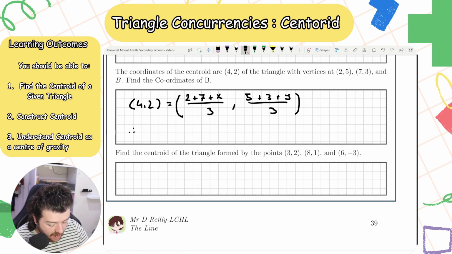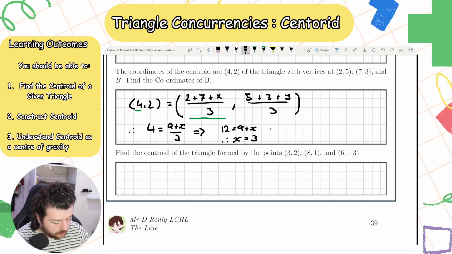So remember, x-coordinate with x-coordinate, y-coordinate with y-coordinate. 4 is equal to (9 plus x) all over 3. Multiply across by 3, 12 is equal to 9 plus x. X is going to equal 3. That is the x-coordinate of point B.